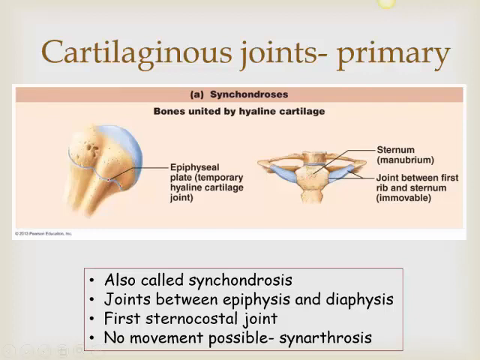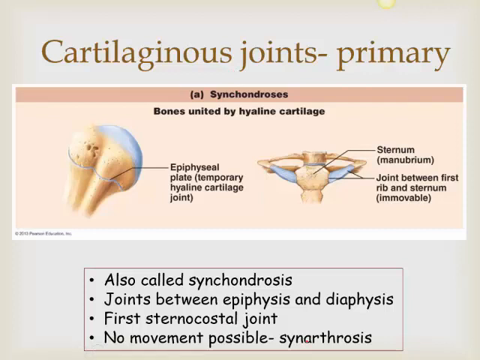Here also notice this is going to be replaced by bone. So such joints are joints where no movement is possible, and this primary cartilaginous joint is also called a synarthrosis.